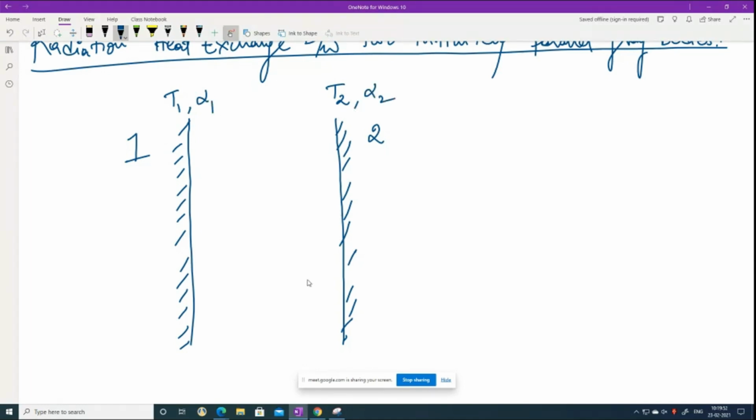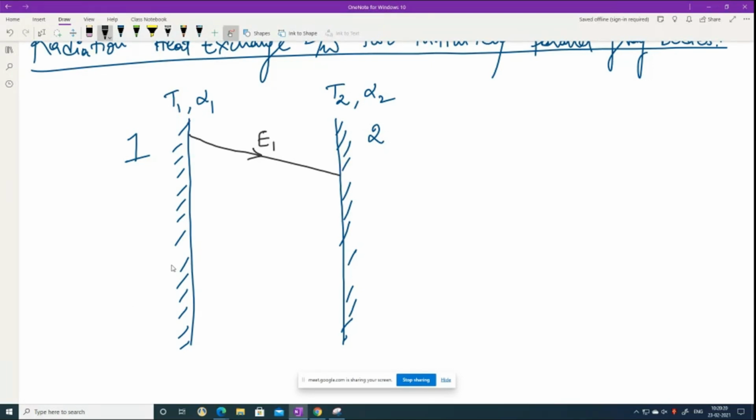And let me say that there is a radiation emitted by body 1 onto body 2. So let me represent that here with this one. That is E1, the energy emitted by body 1 onto body 2.